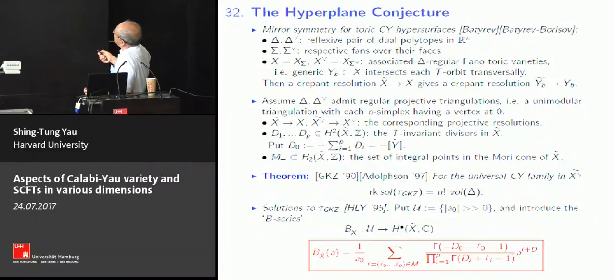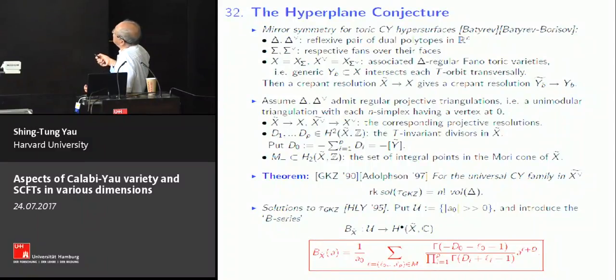So first of all, it admits regular projective triangulations. This gives rise to a corresponding projective resolution for X and X hat, the mirror. And then you look at the crepant resolution, and you resolve it, you get H2 of it.